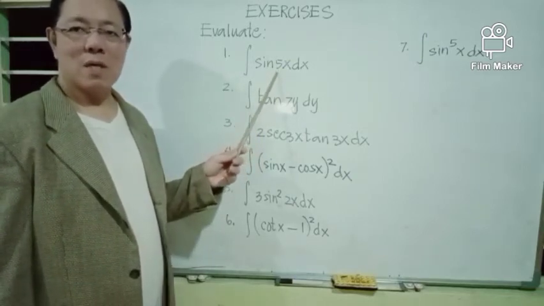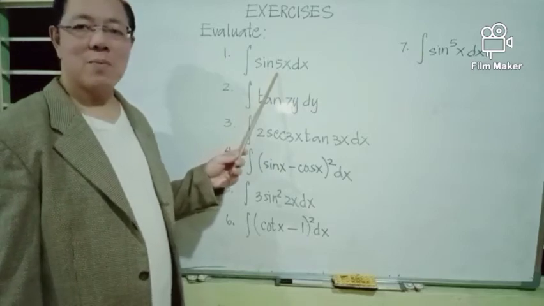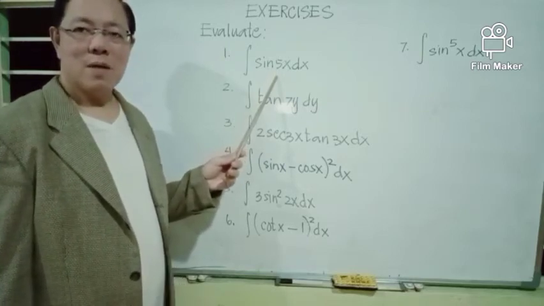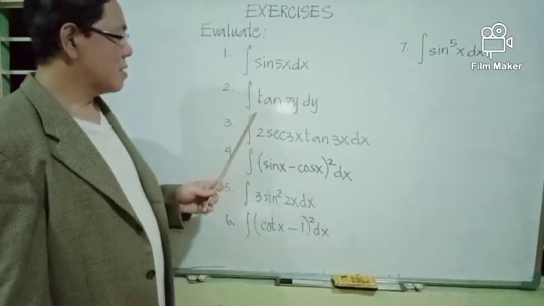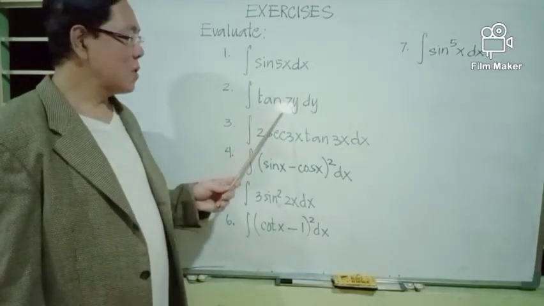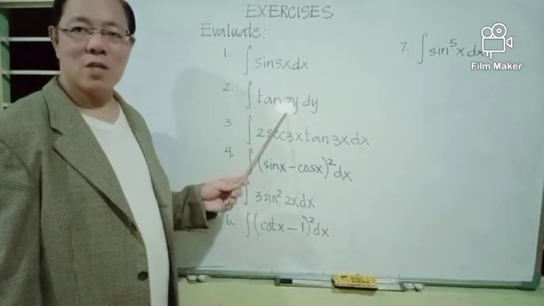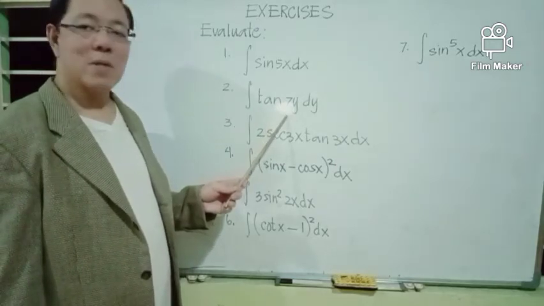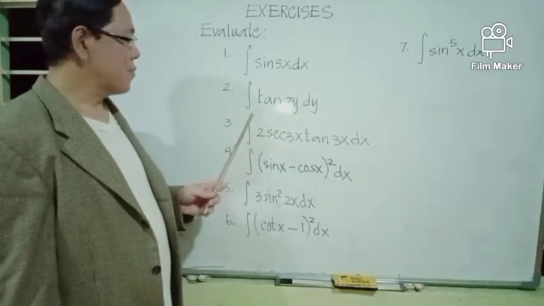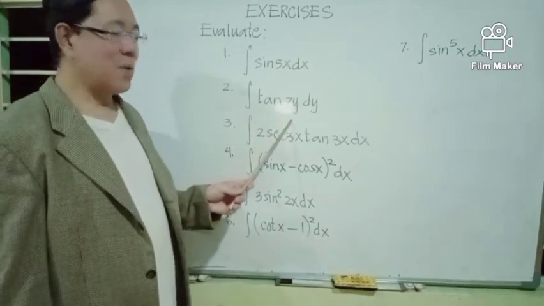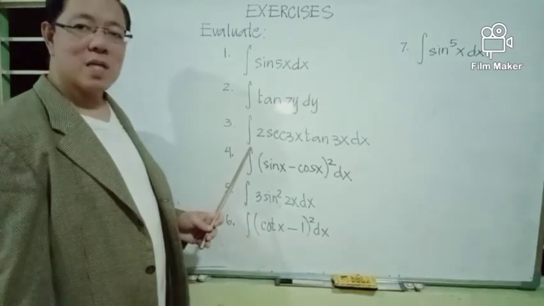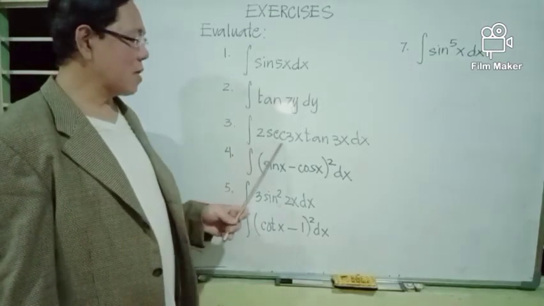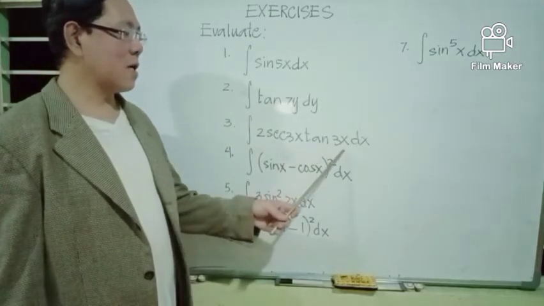So you will use a change of variable for number 1 by letting u equals 5x. The same with number 2, you will use a change of variable by letting u equals 7y to find the integral of tangent 7y with respect to y. Number 3, you are given the integral of 2 secant 3x tangent 3x.